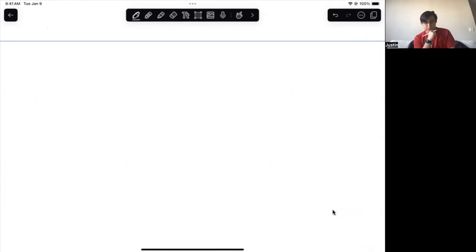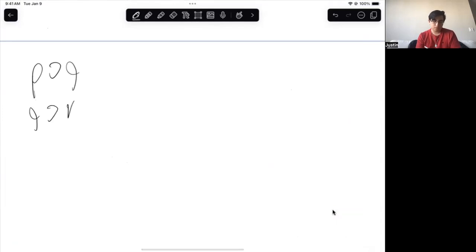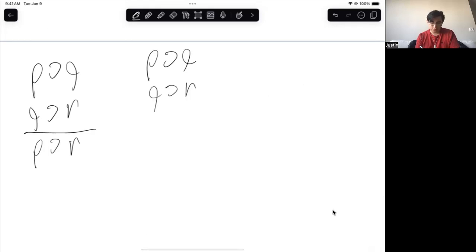I'll do one more of these problems, and then I'll do a semantic proof. Let's do another form from natural deduction, which is the pure hypothetical syllogism. So you turn this into a set and negate the main operator.